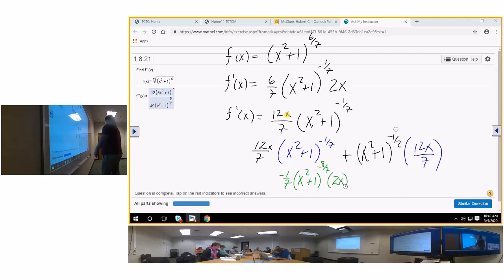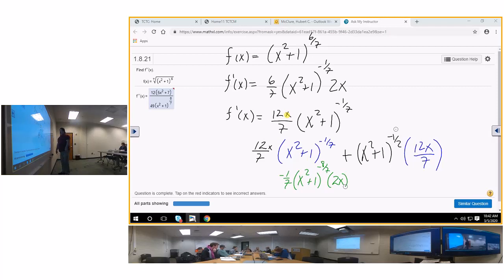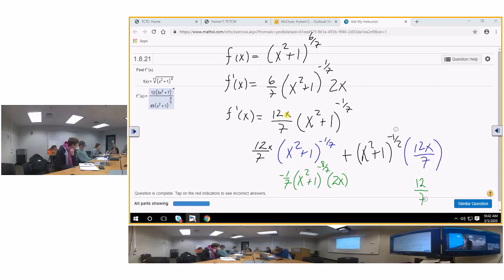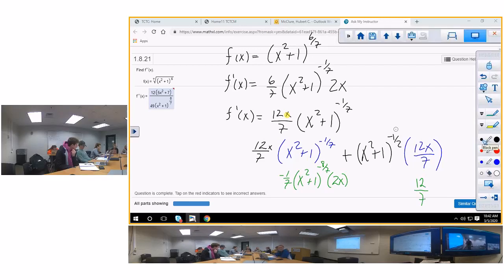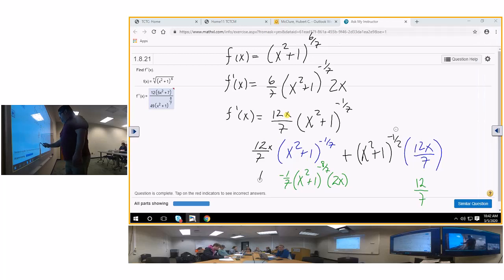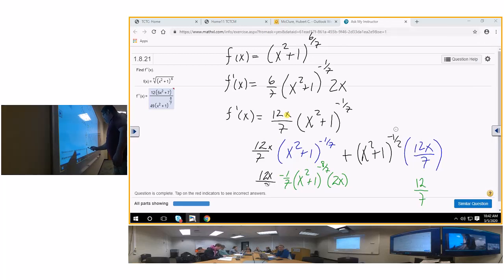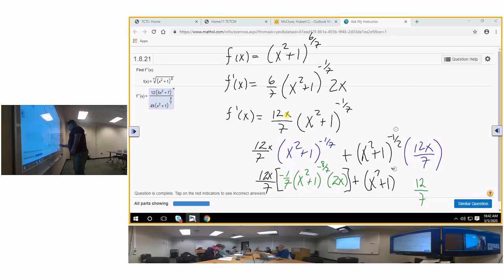And over here, the derivative of any number with x is the number, so that's going to be 12/7. 12x over 7 times all of that plus x squared plus 1 to the negative 1/2 times 12/7.